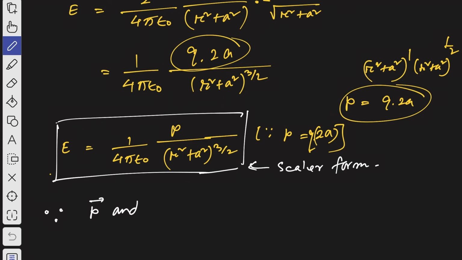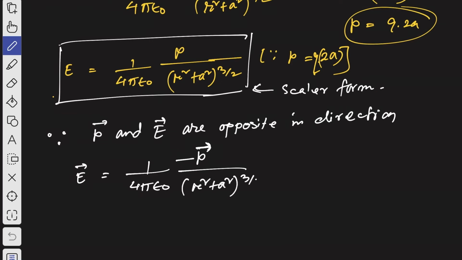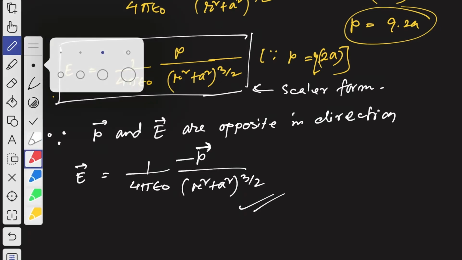Since the direction of P and the field are opposite, if you want to write in vector form, then you have to write E vector is equal to 1 by 4 pi epsilon naught, this dipole moment vector, here you have to put minus P, because of opposite direction, by R square plus A square whole to the power 3 by 2.